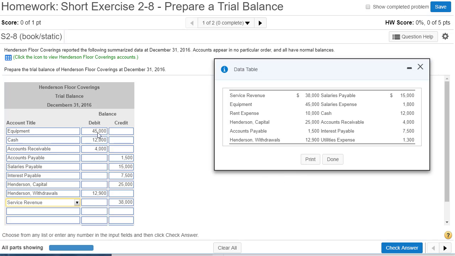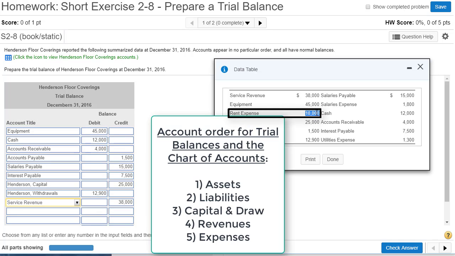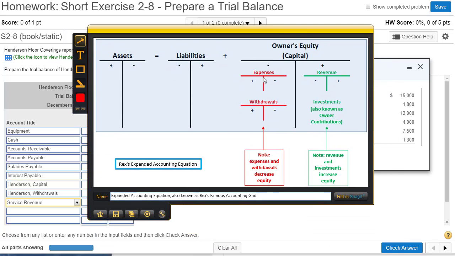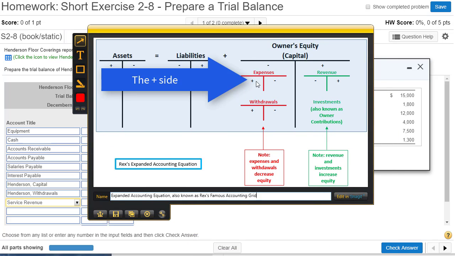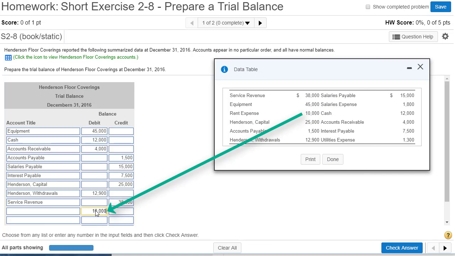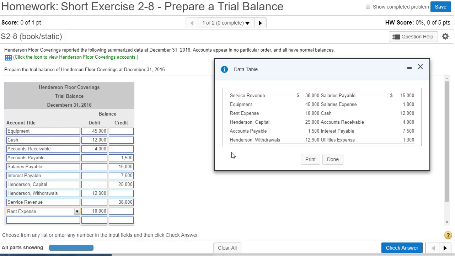The order again goes assets, liabilities, equity, revenue, and now expenses. I'm going to look down here for my first expense. We've got $10,000 for rent expense. Expenses have the plus sign on the left side, the debit side, so all these expenses are going to go on the left. Now after rent expense, do we have any other expenses?